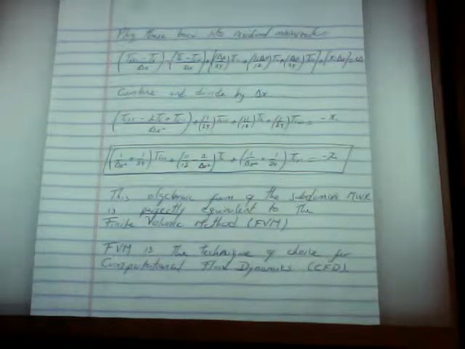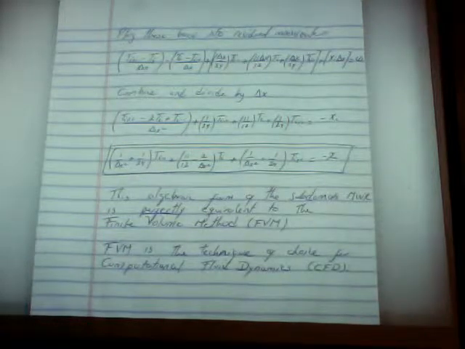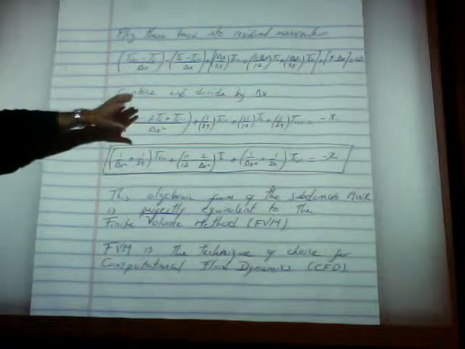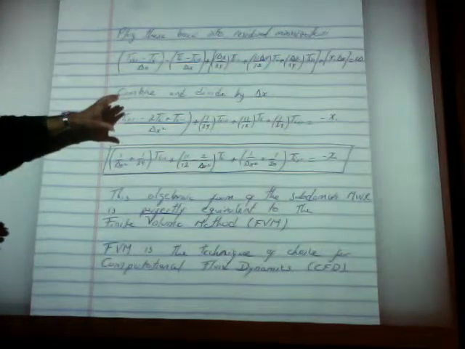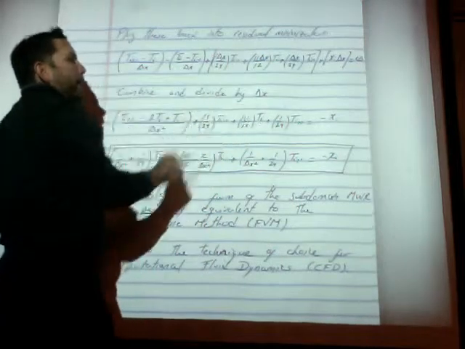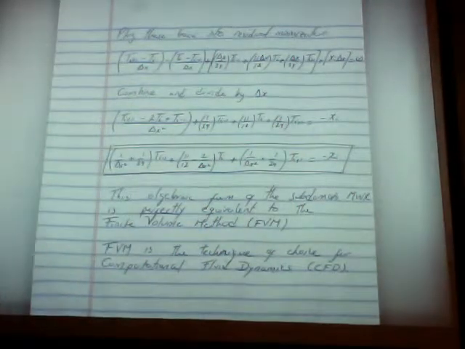But finite volume is just simply a piecewise conservation of the integral conservation of the governing equations. And as you can see, the only difference between this formulation and finite differencing, this is identical, it's just that it's not just T evaluated at I, it changes the algebraic form a little bit because of that. Okay.